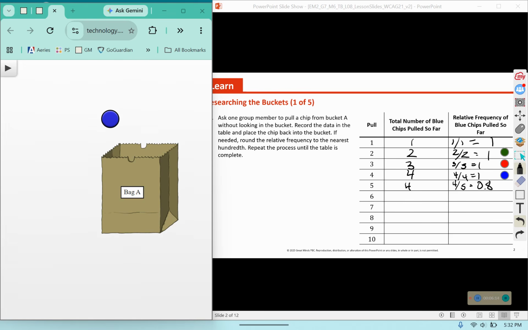That is a fifth one. 5 out of 6. It does say here to round to the nearest hundredth if necessary. When you do 5 divided by 6, you get 0.83 repeating. Remember, hundredths, we keep 2 decimal spots. 3 is below 5, so it stays 0.83.